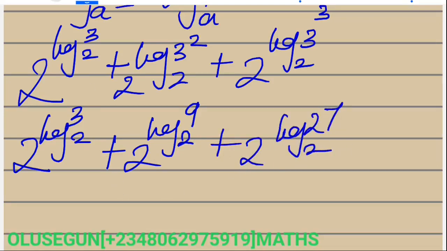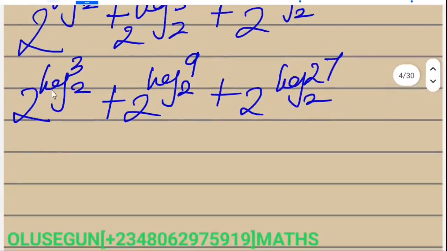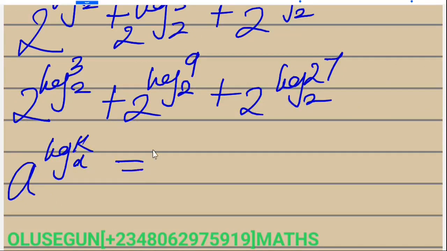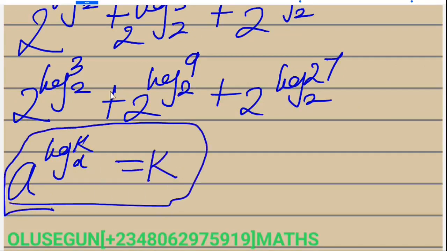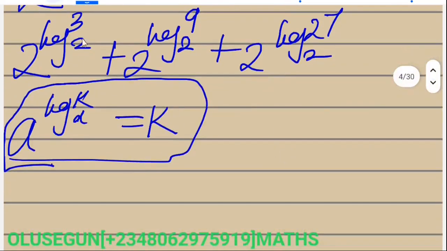There is a law of logarithms that says that a raised to the power log k base a, the value is k. So you have to understand this law, and now that you understand it, you have to apply it here. So therefore, 2 raised to the power log 3 base 2.